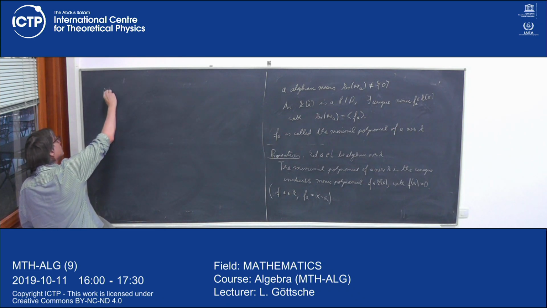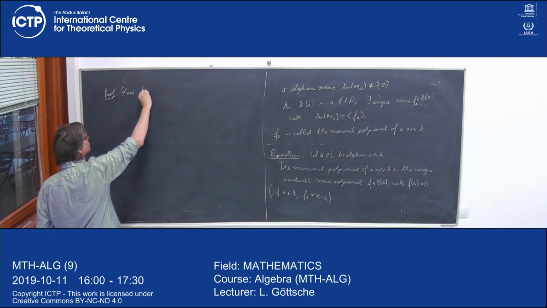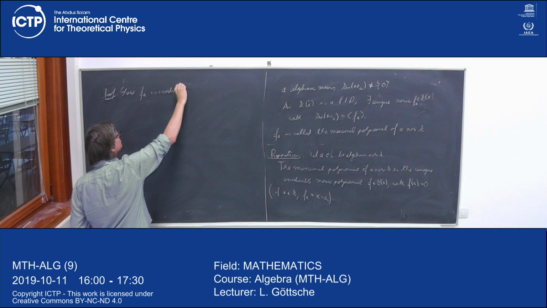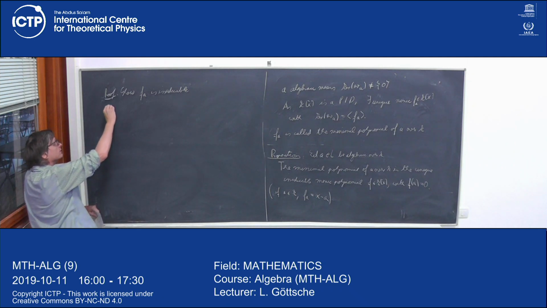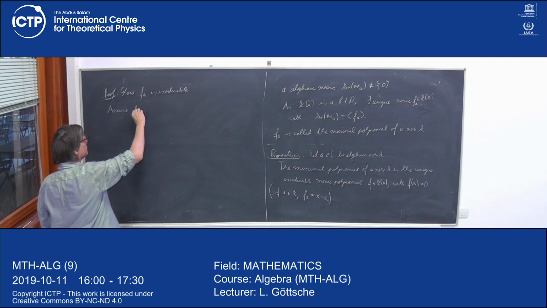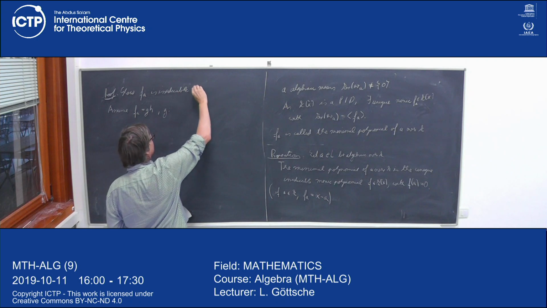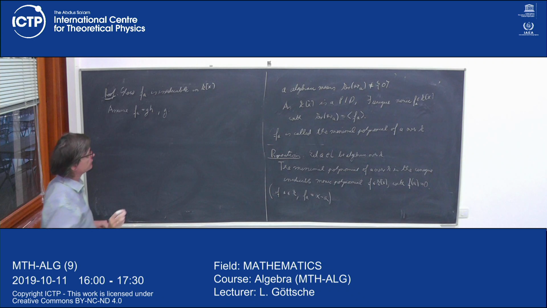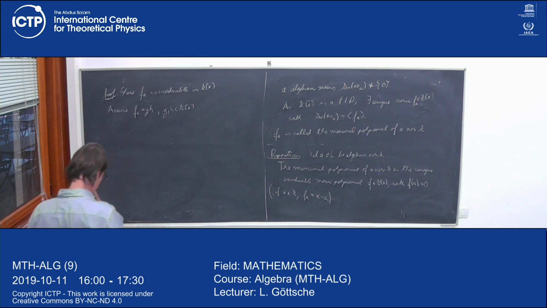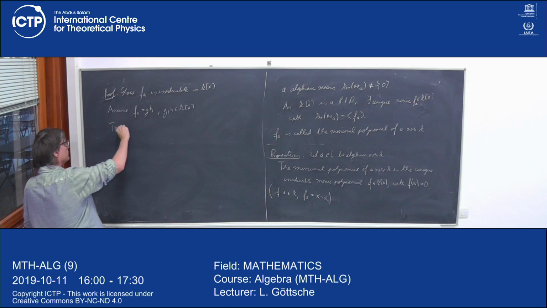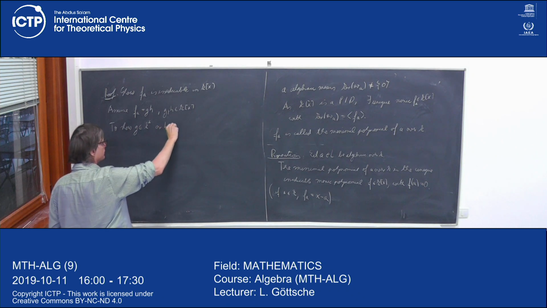So assume we can write it as a product of two polynomials g and h, with coefficients in K. We have to show that g is a constant or h is a constant.